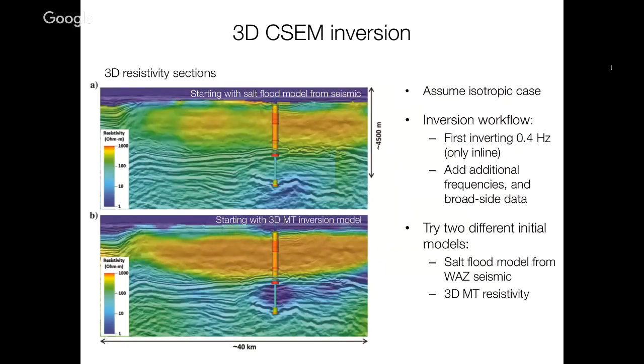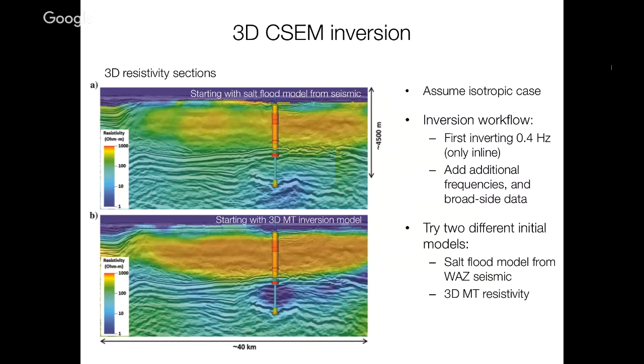Okay, now take that data, invert it, and you can get the resistivity model. It looks like that. And here they tried two different initial models. I think we're going to talk about the inversion, but inversion is non-unique, and there could be a whole bunch of different models that can explain your data. That means you need to try multiple inversions, not a single inversion, right?